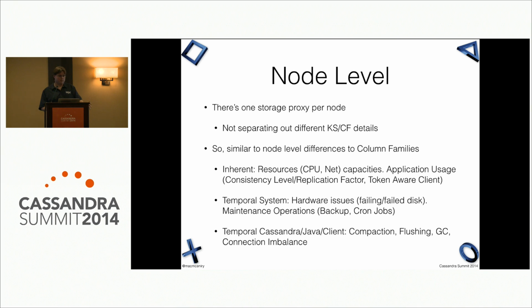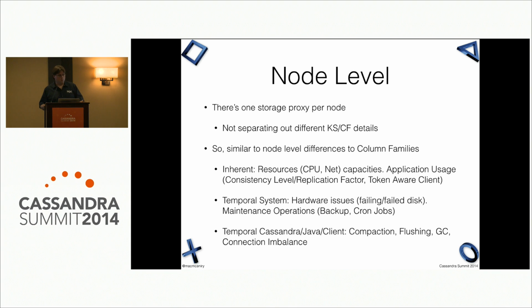It's hard to pull out that this column family is behaving this way for its coordinator, and this column family is behaving another way. The numbers just aren't there. It's not exposed. So that's one of the big things that you're looking at from a node level, is knowing that that's the wide range. You're going to have to keep in mind that you're looking for more coarse items.